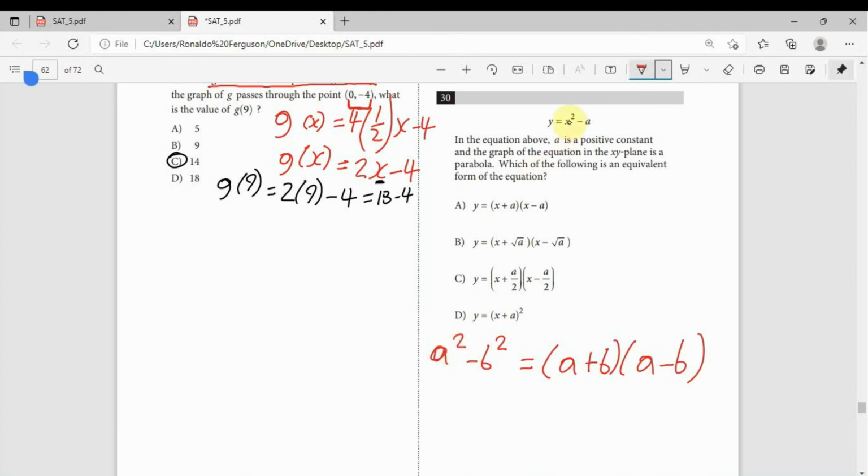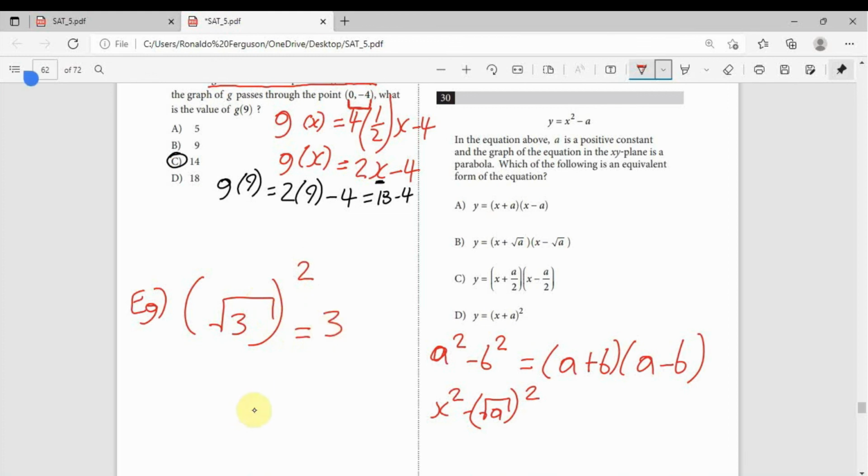In this case, your a is x. So x squared minus a. You see, a can be written as the square root of a, squared. For example, if you have the square root of 3 and then you square it, the square cancels the square root and that is 3.